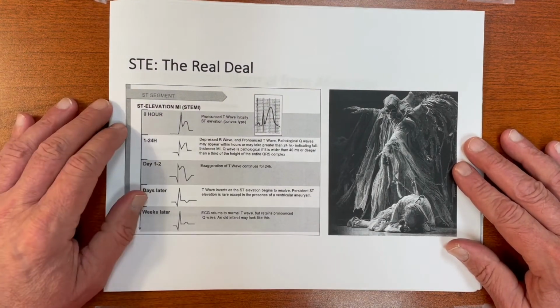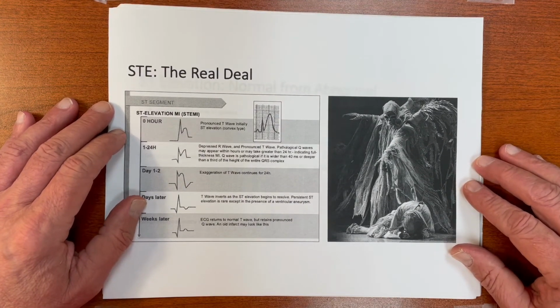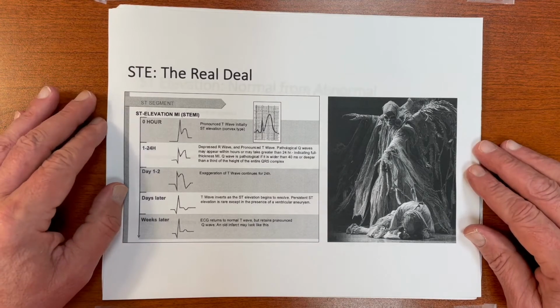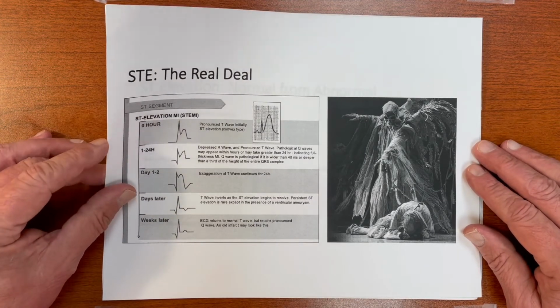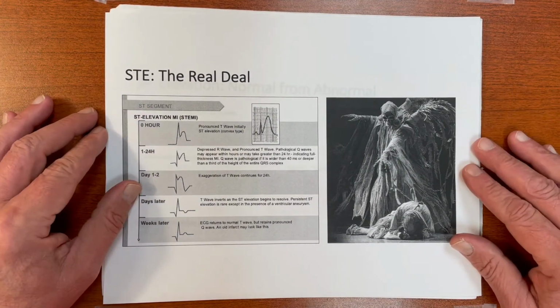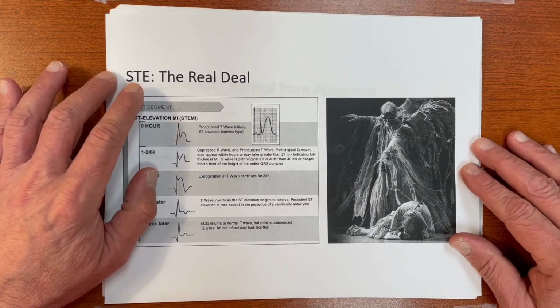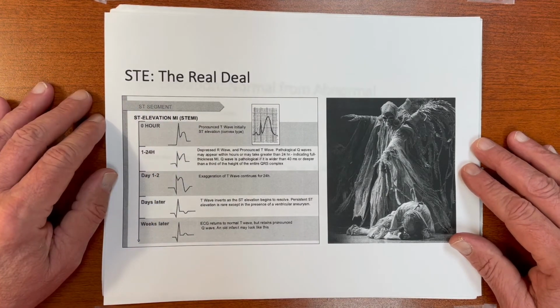So the theme here in this packet is identifying, separating normal from abnormal, and therefore we have to discuss ST segment elevation, normal, and then also abnormal, but not ST segment elevation infarction.